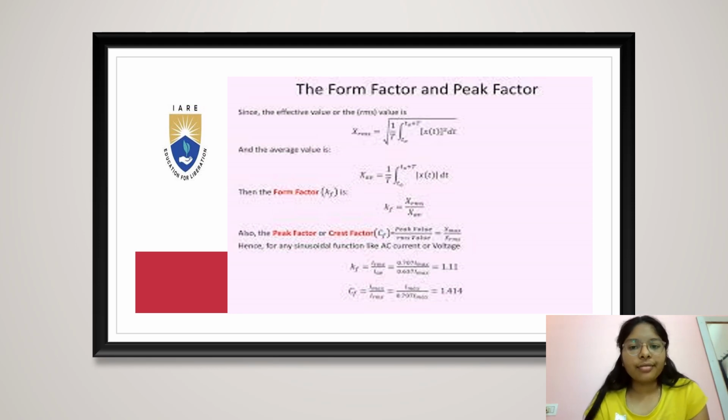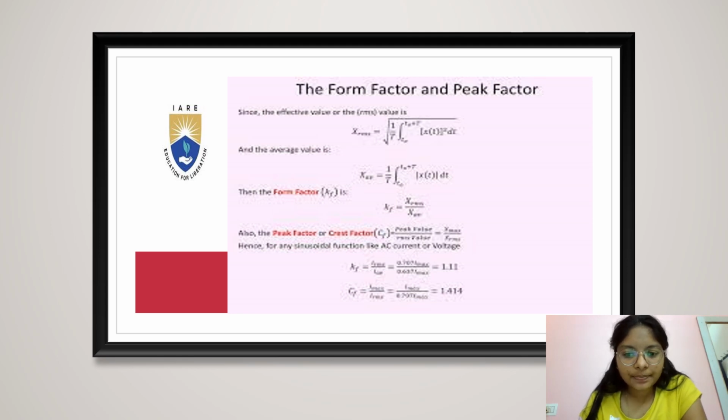Now, the form factor and peak factor. Since the effective or RMS voltage is X_RMS equals the square root of 1 by T integral x squared dx, and the average value is then the form factor and the peak factor or crest factor.